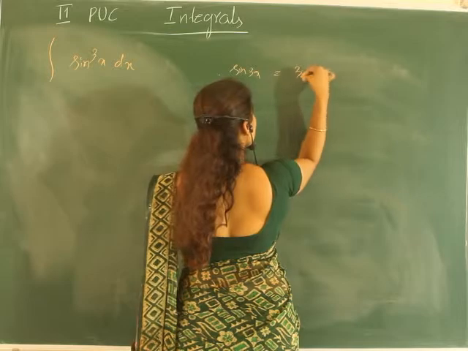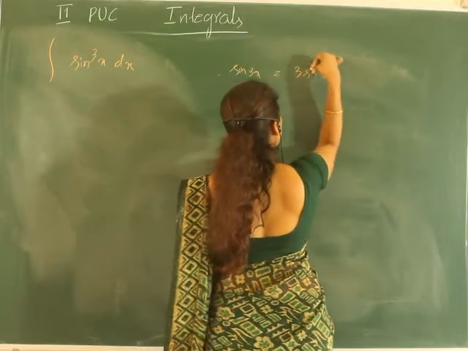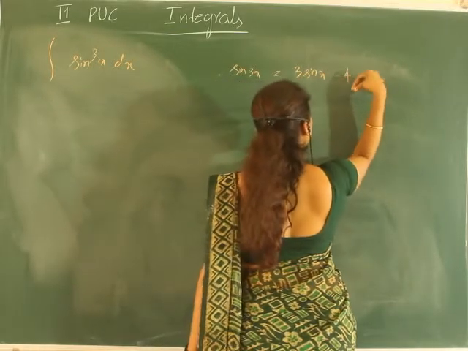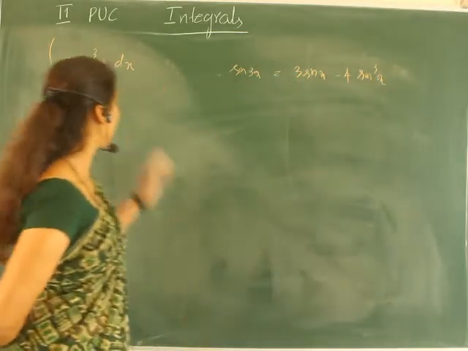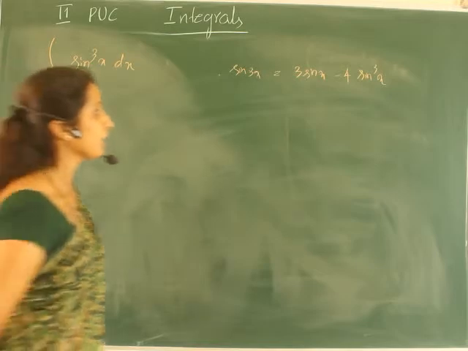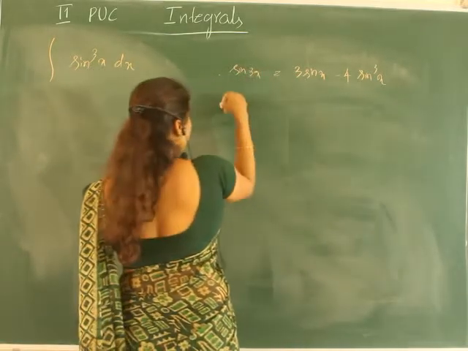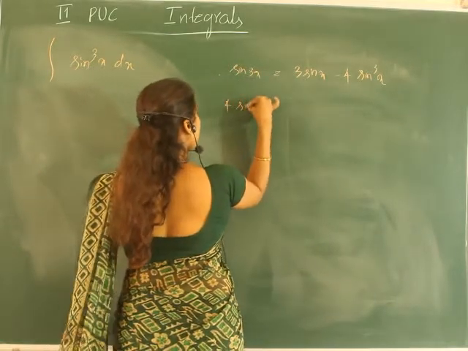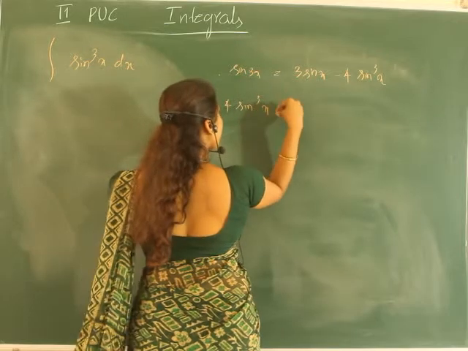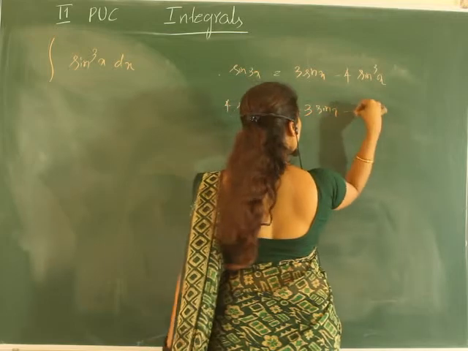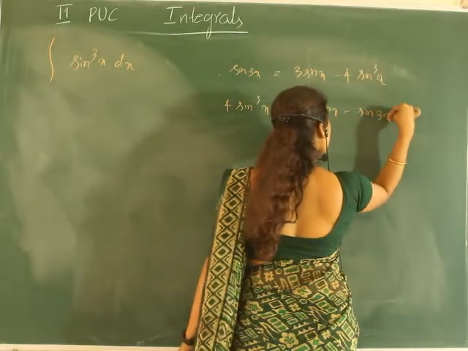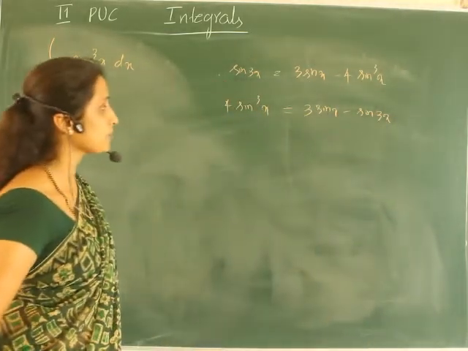Three sine x minus 4 sine cube x. But we want sine cube x. Therefore, I can write 4 sine cube x as 3 sine x minus sine 3x.